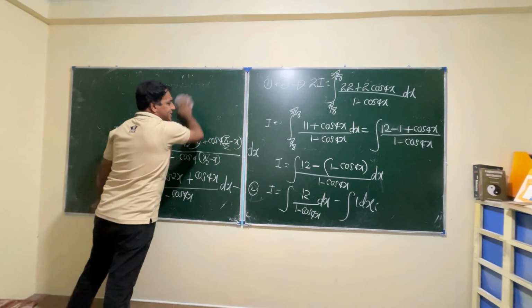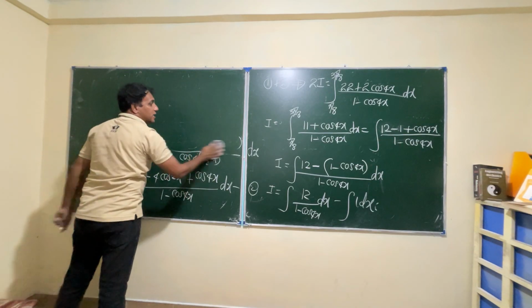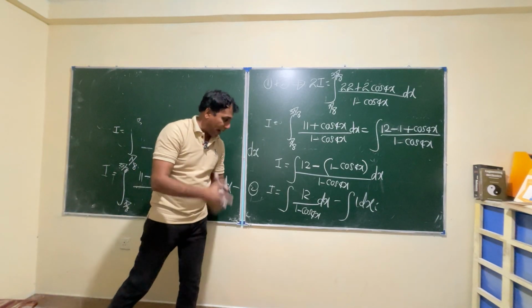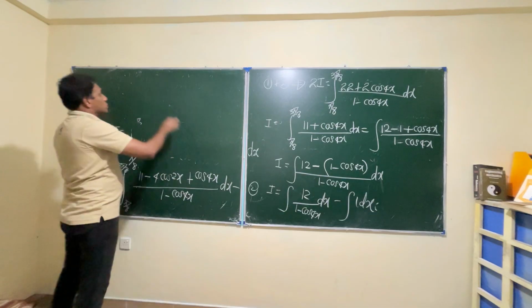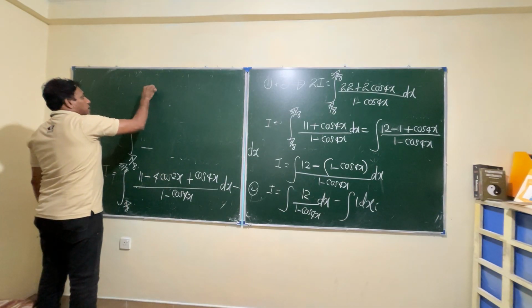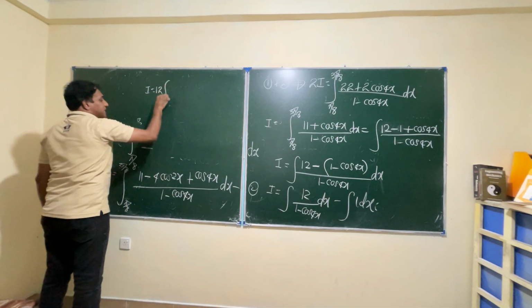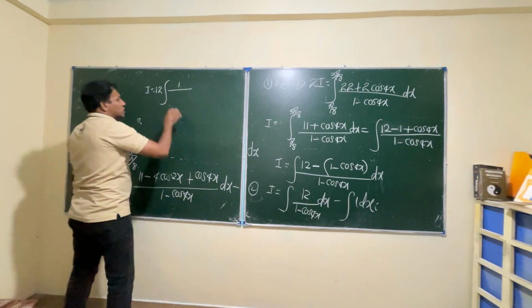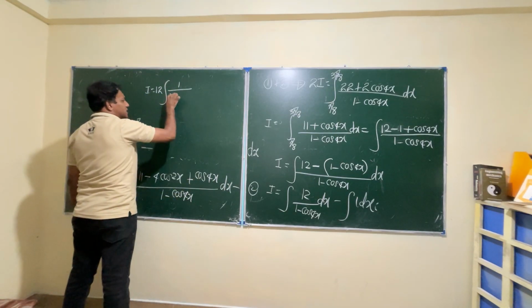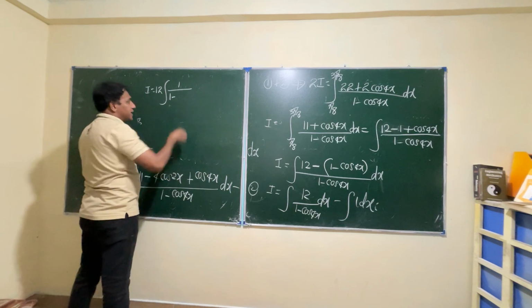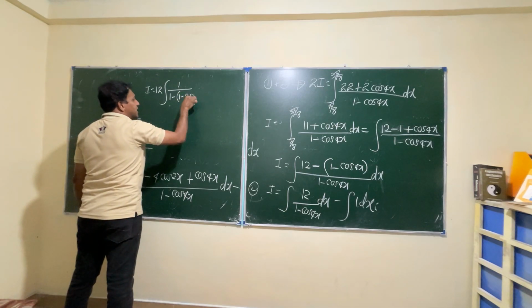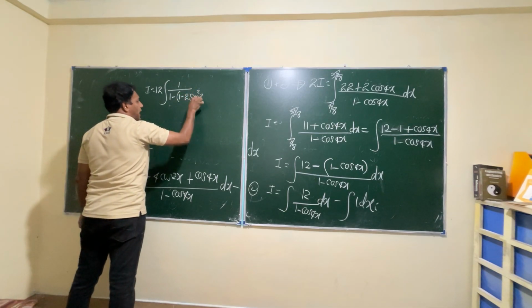All the definite integration is between pi by 8 and 3 pi by 8. Okay, write it down nicely and keep it, practice this important question. So I equal, can I take 12 out? Integral 1 over, what is 1 minus cos 4x? Can I change to sine? What is cos 4x? 1 minus 2 sine square 2x.